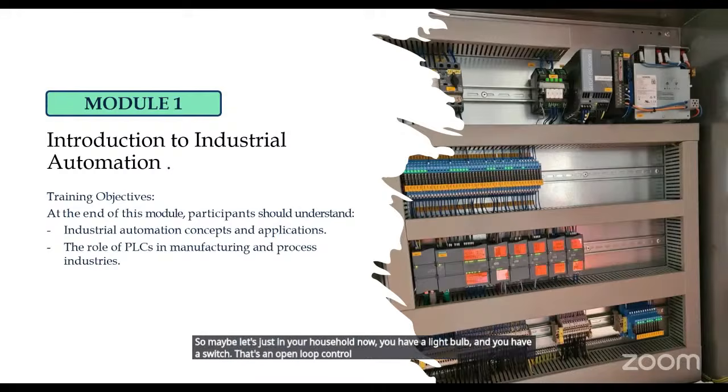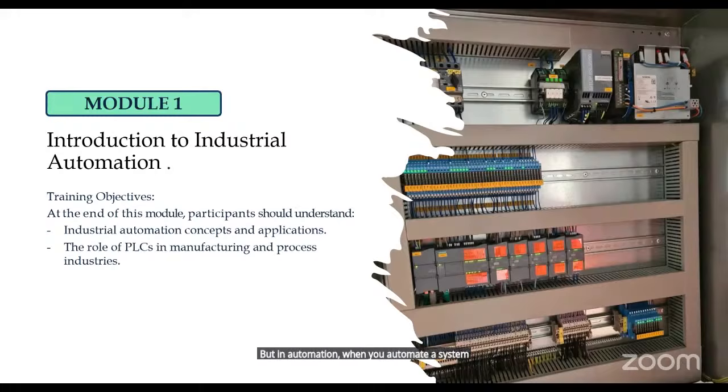But in automation, when you automate a system, that system can act on its own based on conditions being met. Let's say you want the lights to come on immediately you step into the apartment. You think of integrating a motion sensor and a controller to carry out that automation process.